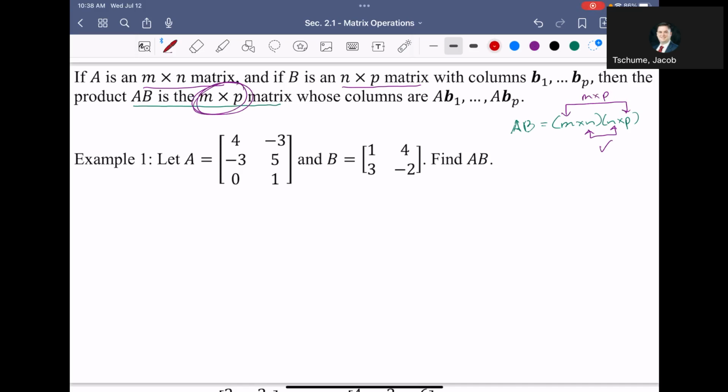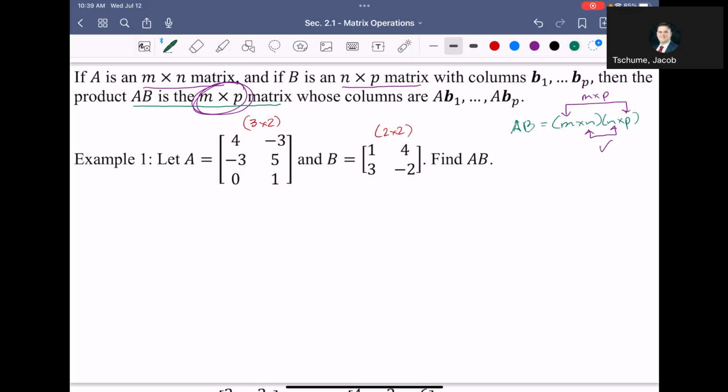So in my example that I have here, let's assume that A is the matrix 4, -3, -3, 5, 0, 1. And let's assume the matrix B is 1, 4, 3, -2. So looking at my dimensions here, this A matrix is a 3 by 2 matrix, and my matrix B is 2 by 2.